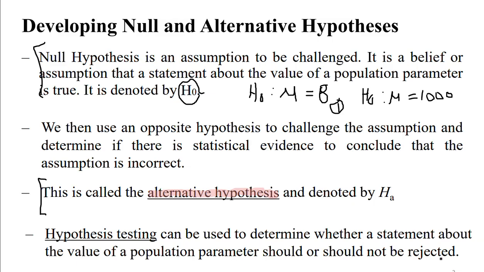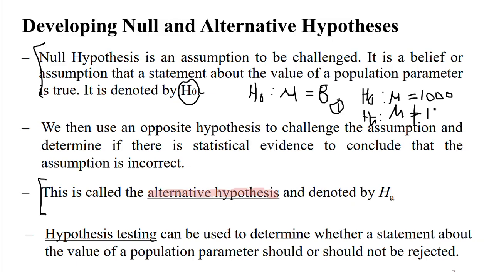And so the existing claim could be, for example, the average number of steps a healthy person takes is 1,000 steps. As an alternative hypothesis, which is a statement we hope to be true, a statement that challenges the existing claim, our alternative hypothesis will be that the average number of steps a healthy person takes is not equal to 1,000.